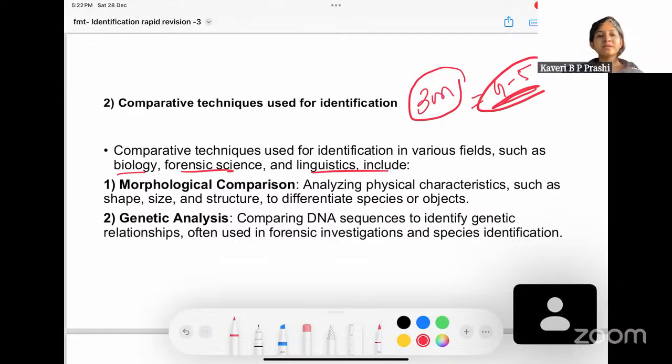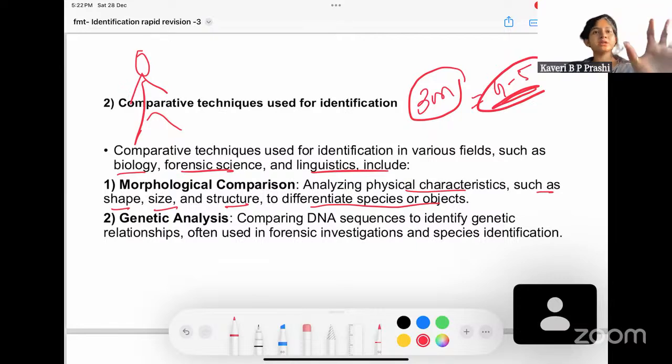Now coming to the first type, it is morphological comparison. What do you understand by morphological comparison? Analyzing physical characteristics such as shape, size, structure to differentiate species or objects. Now when we talk about humans, they are going to look in a certain way. They're vertebrates who are going to have a face, standing erect.